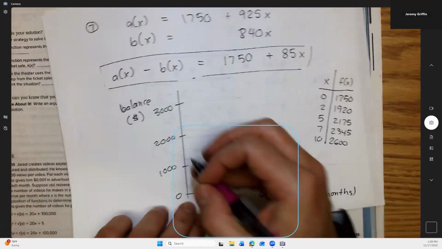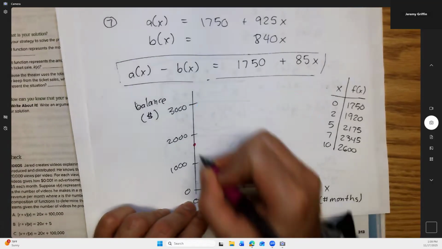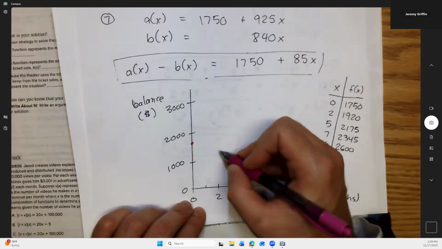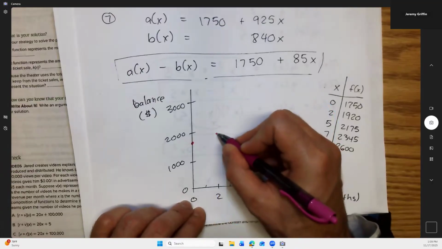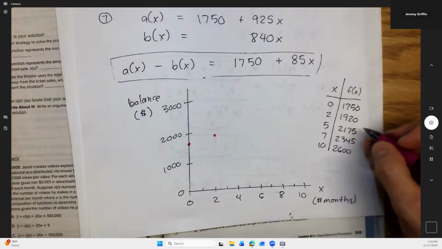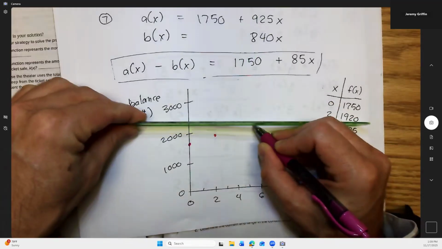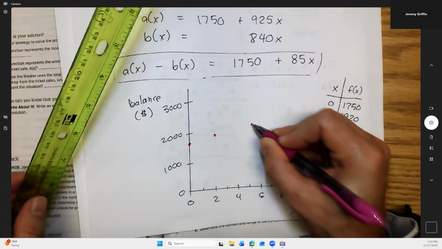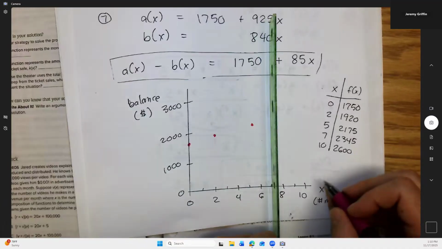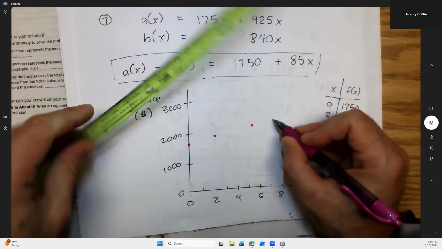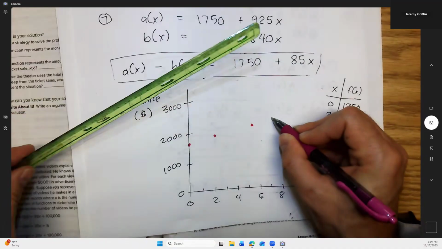So 0 months is 1750. Probably right about there. 2 months, got 1920. Right about there. 5 months, got 2175. That's probably right there. 7 months, got 2345. Right there.